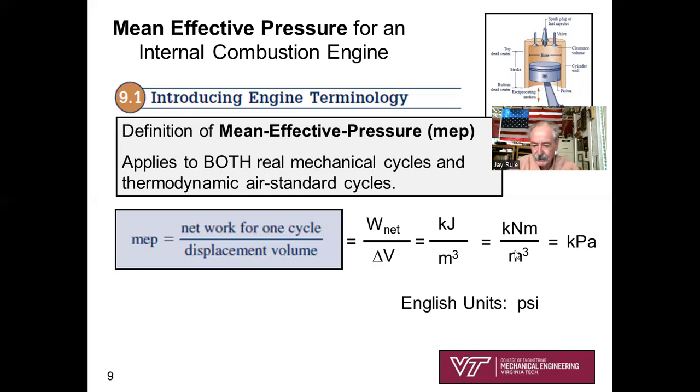So now I can do some cancellations. I've got kilonewtons per square meter. So the mean effective pressure units in SI are going to be kilopascals, kPa. You can go through the same drill in English units. The units for mean effective pressure are going to be PSI, pounds per square inch.